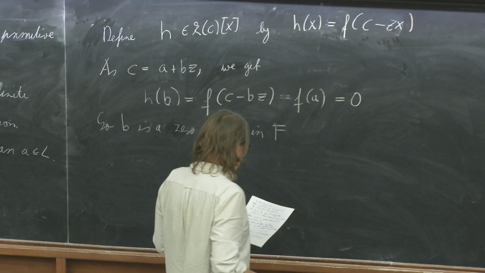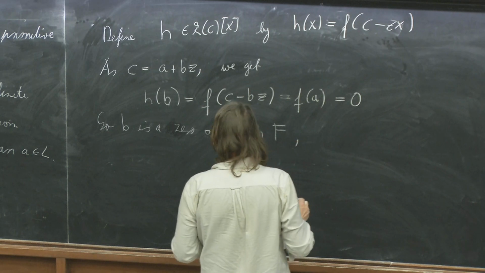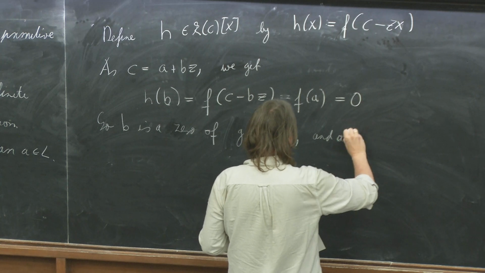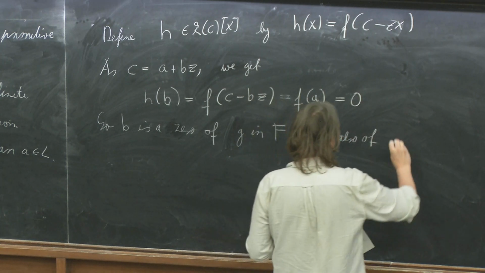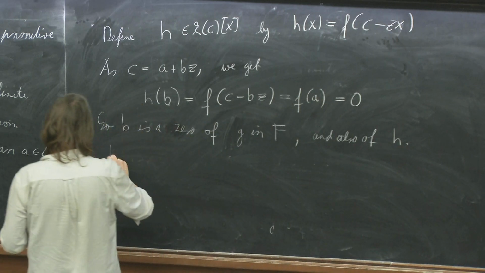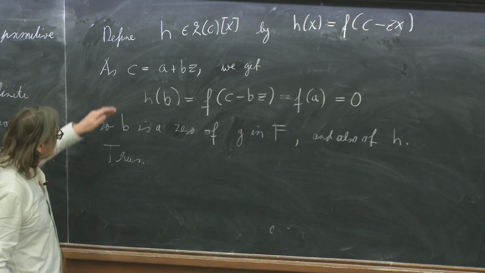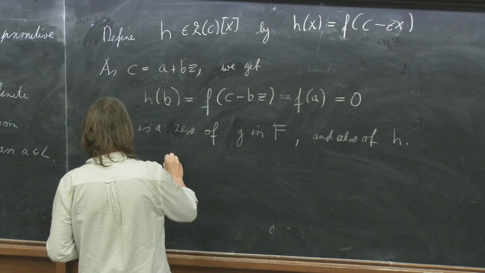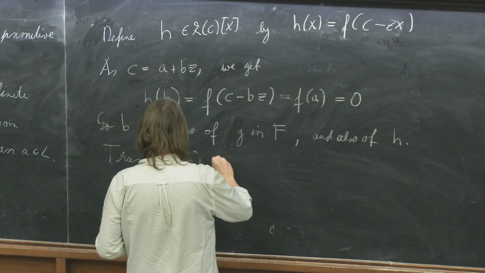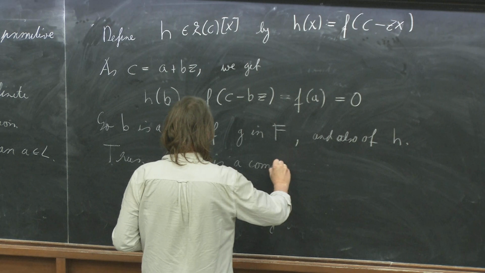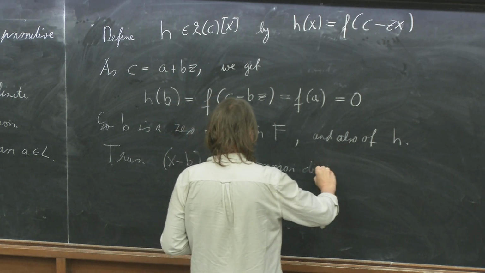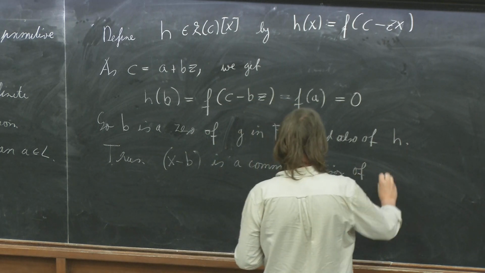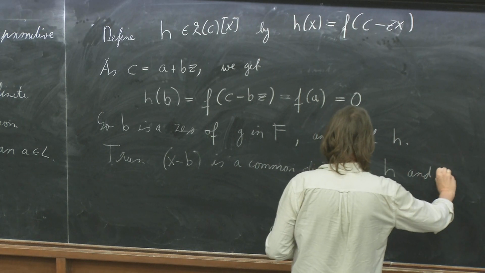And also of H. So thus this means that X minus b will divide H, and it also divides g. So thus X minus b is a common divisor of H and g.